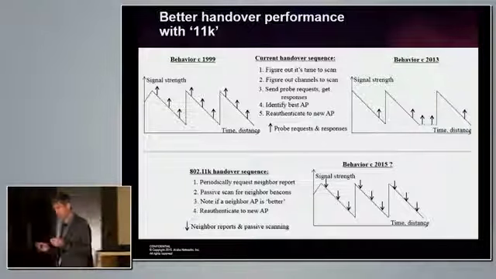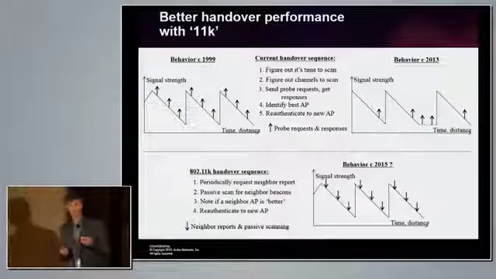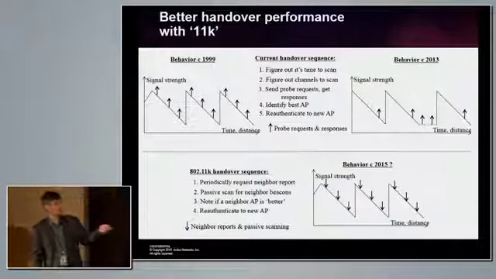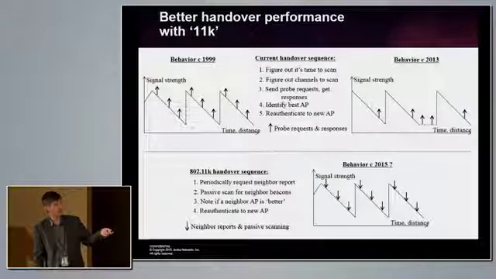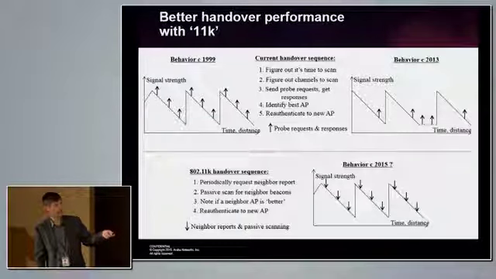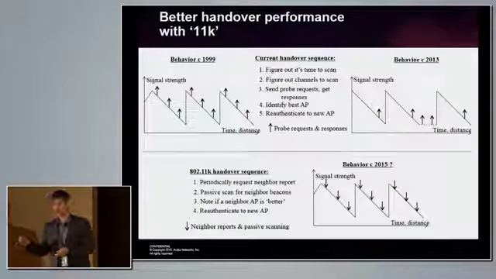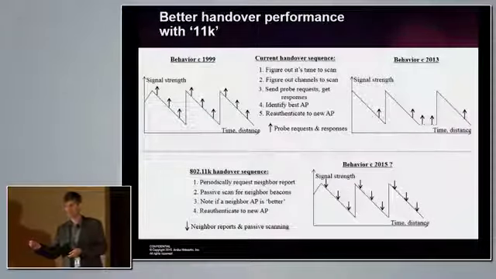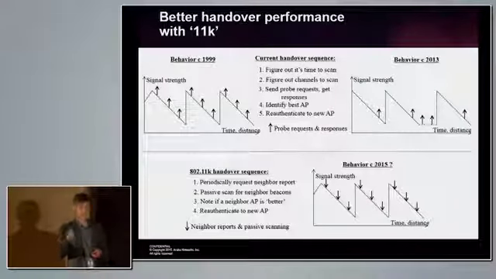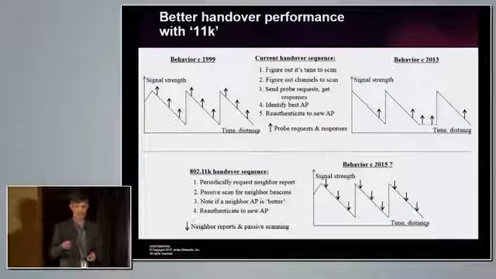So here's the sort of behavior that we want to see on the bottom. I've shown you enough of those sawtooth diagrams and what they degenerate into before. What we want to see is passive scanning, but more frequent passive scanning. Because one of the problems right now is that the devices just aren't aware of their environment.